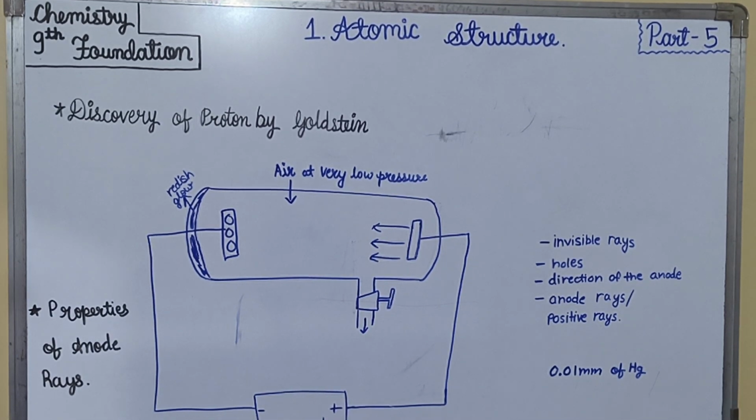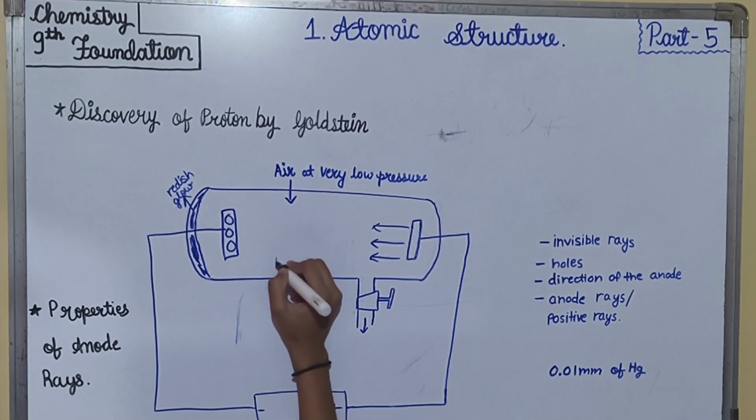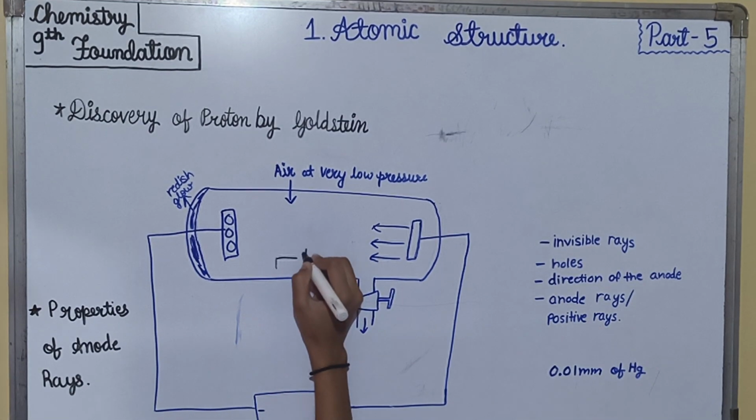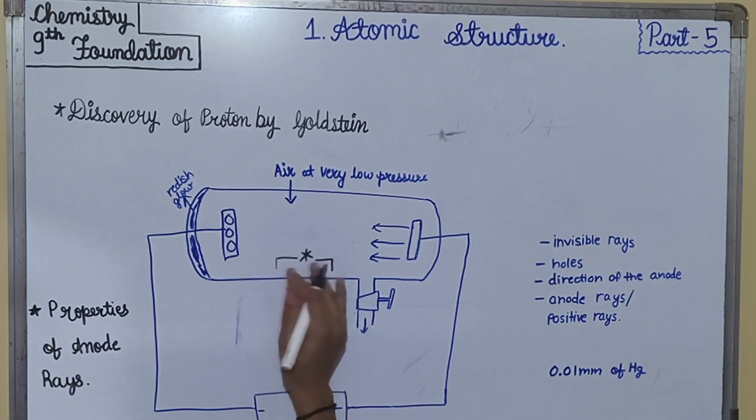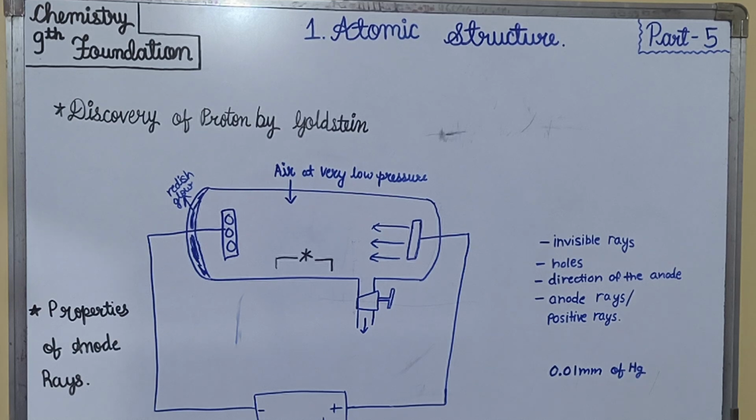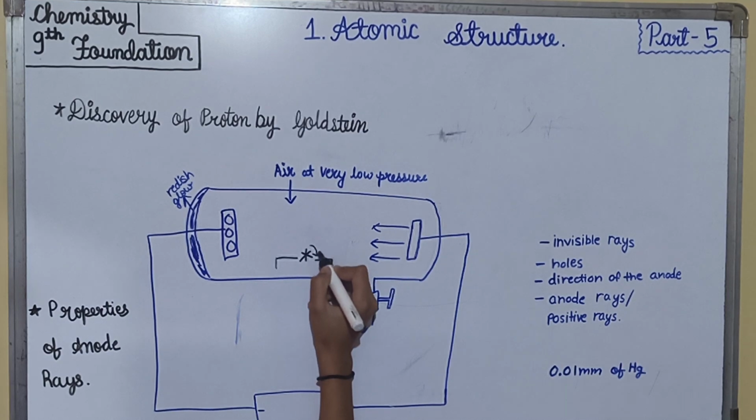Then, second activity was anode rays were made to fall on a paddle wheel. So the observation was the motion in the paddle wheel was observed, meaning this paddle wheel started rotating.